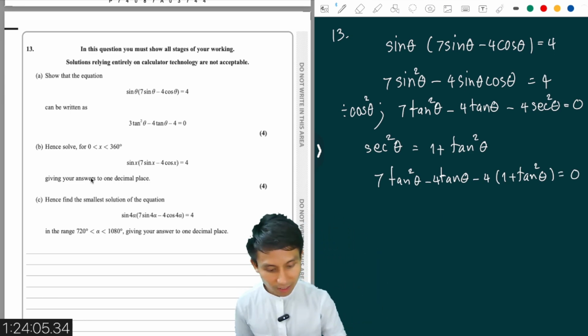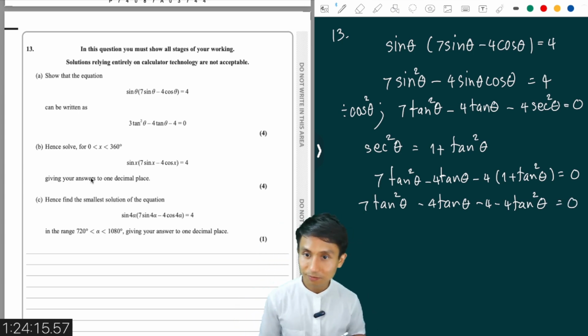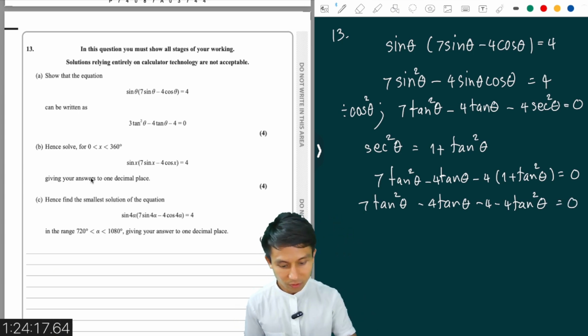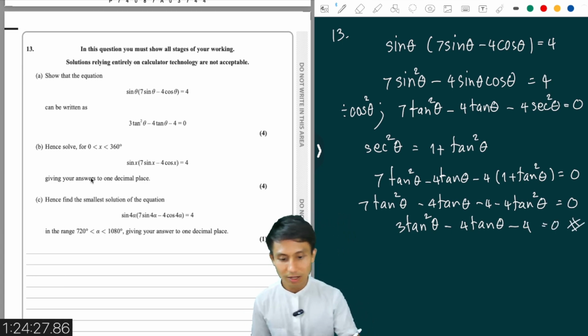Well, if you simplify that, you should get what they want. So minus 4 tan squared theta here. And then wrapping up, yeah, we get 3 tan squared theta minus 4 tan theta minus 4 equals 0 as required. Yeah, that's part A done.